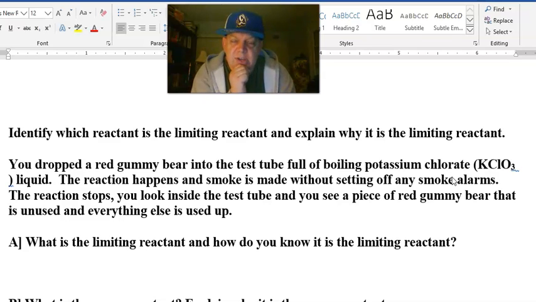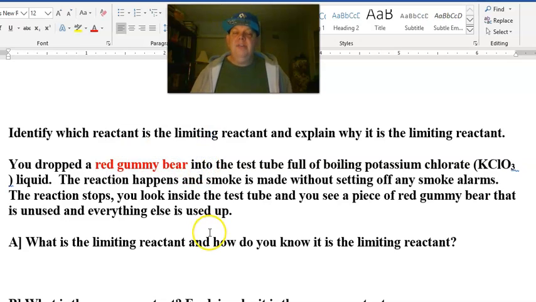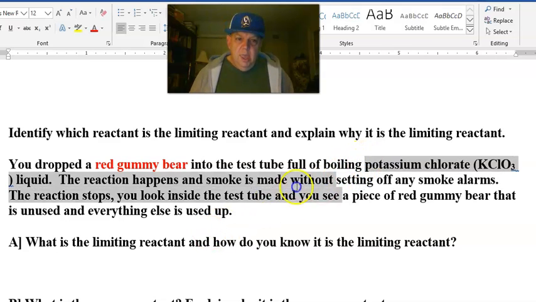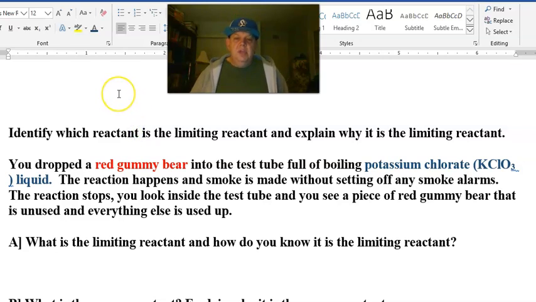Now let's look at some facts. This is the analysis that you need to know. You've got two things in the test tube: the red gummy bear, that's a piece of information you need, and the potassium chlorate.